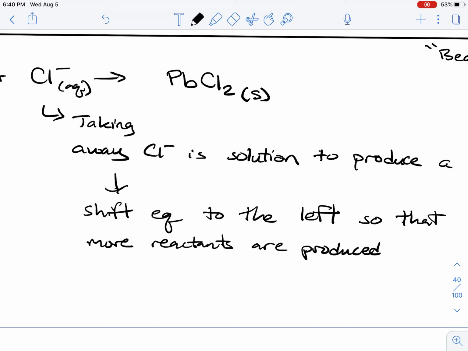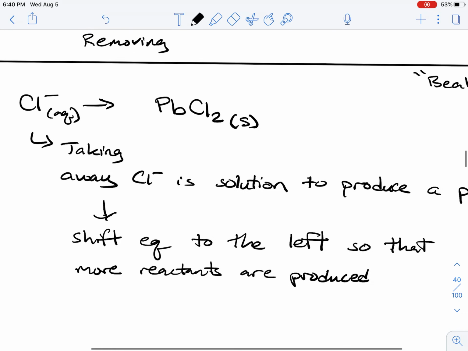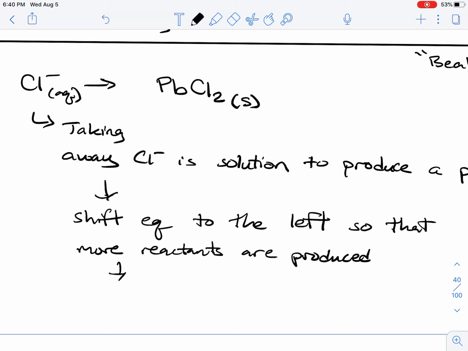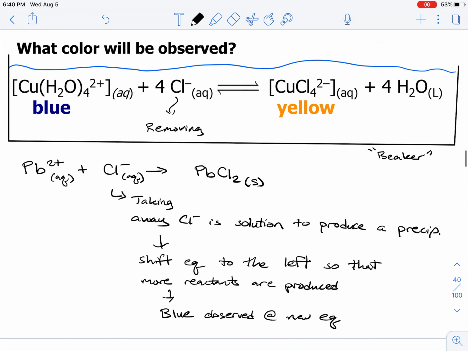Okay. And so once again, we're trying to counteract the stress. And so at the very end, we're going to see blue observed at the new equilibrium. Okay.